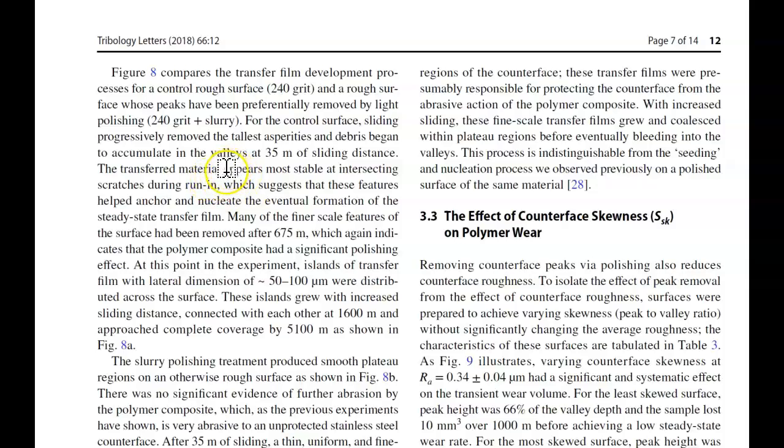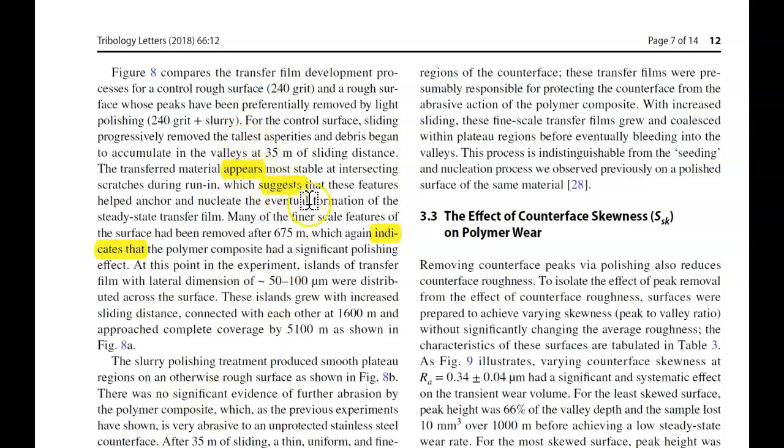The transfer material appears most stable, which suggests that these features helped anchor. So they're not sure, but this does seem like a good hypothesis. They say many of the features have been removed, which again indicates, that's pretty strong, that the polymer composite had an effect.